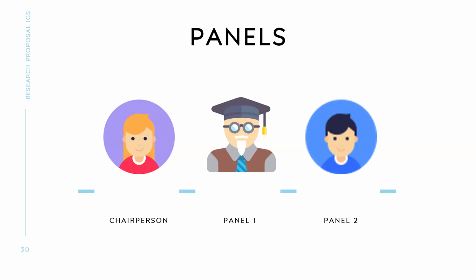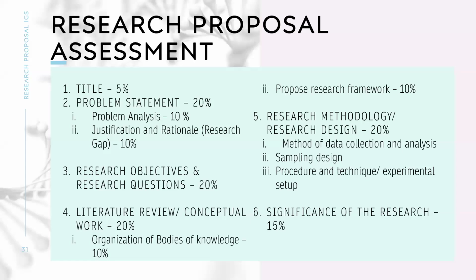Sometimes your area focuses on 2 things, so normally the supervisor will get 1 panel for this particular part, let's say electrical, and another maybe focusing on the AI part, if you're doing something like that. Okay, the research proposal assessment.